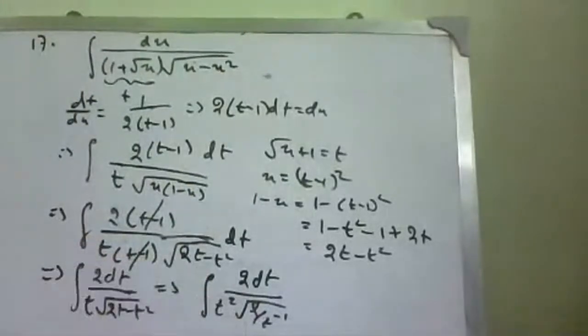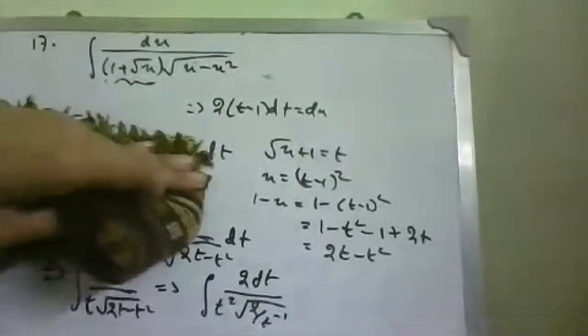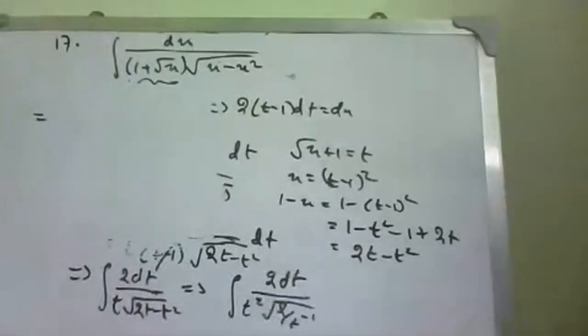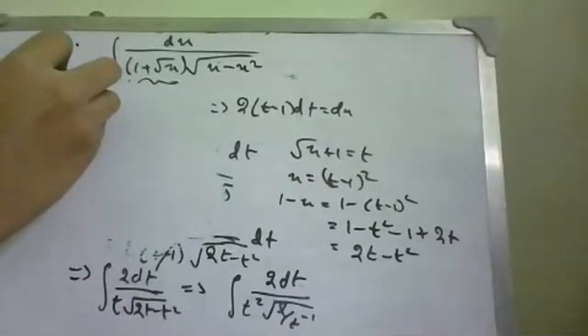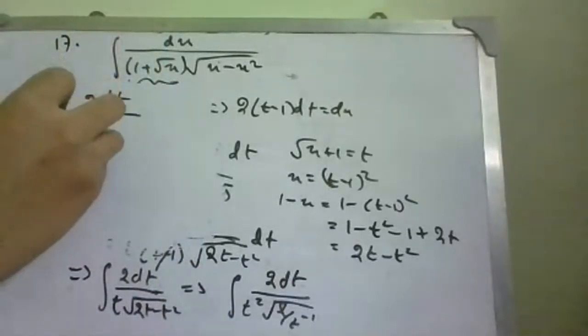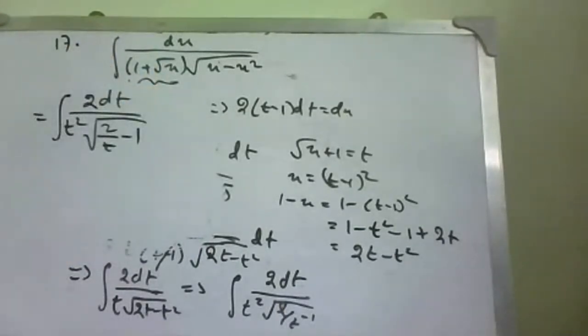So now it's pretty much evident what is actually going on. Is everything visible? Yes, it's visible. So now we can see that we have 2 dt over t squared root of 2 by t minus 1.